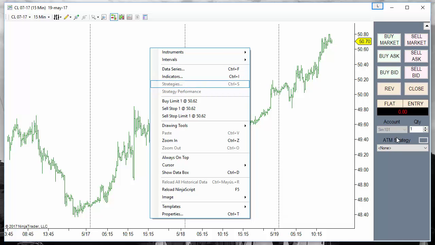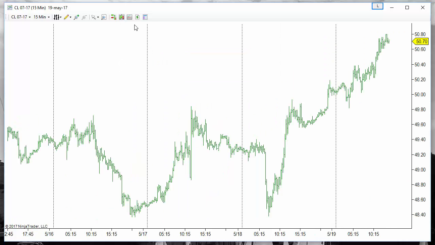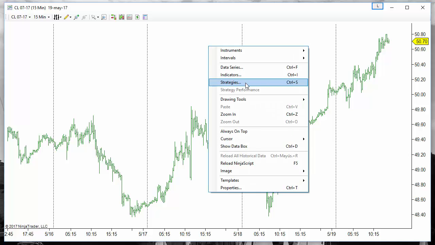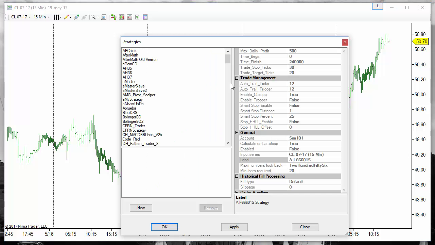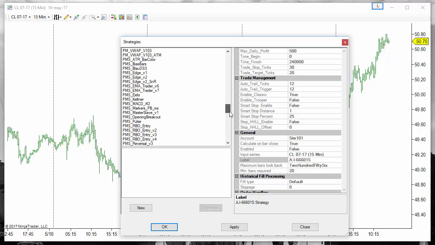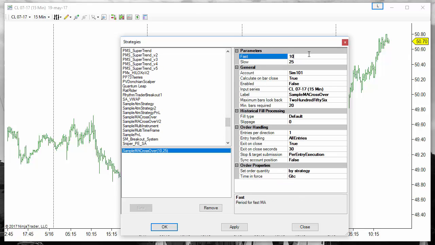We cannot use both things at the same time on Ninja 7. On Ninja 8 this is possible. If we disable chart trader, then we can add a strategy. For example, the sample MA crossover with these parameters that I just found on a report.